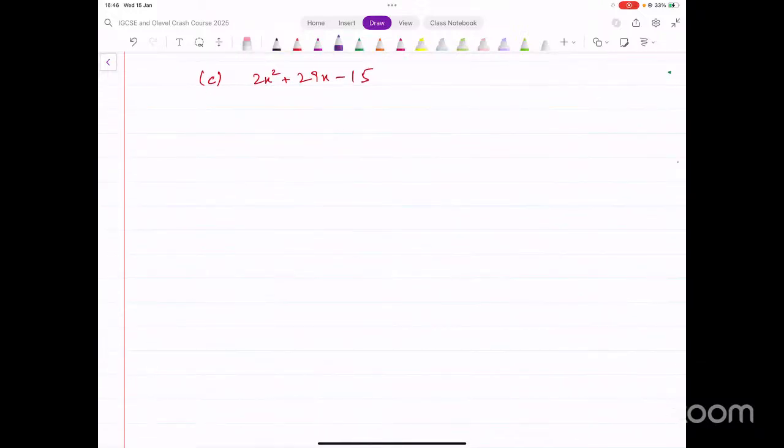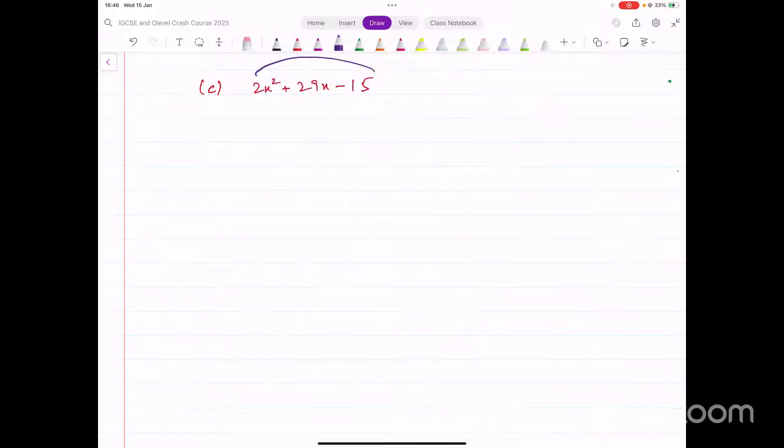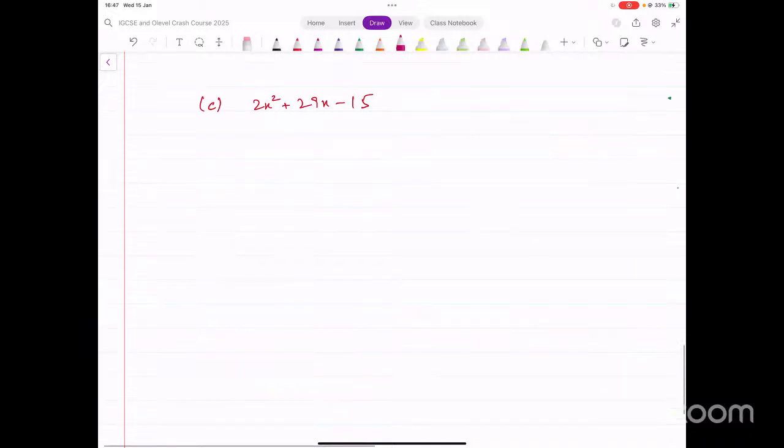So think of the factors of the product of 2 and 15 again, and focus on this number. This is negative. So since there is a negative sign here, let me write that down here as well.